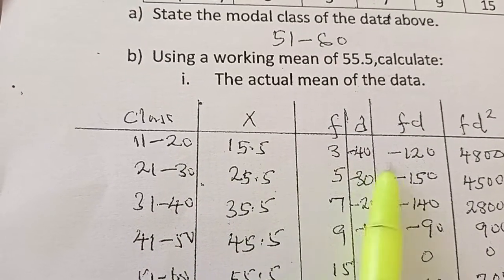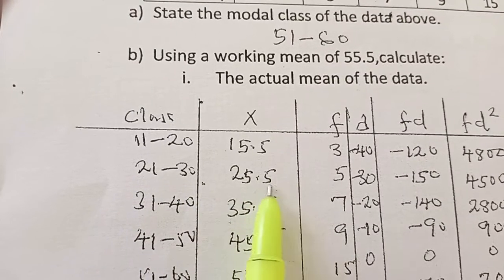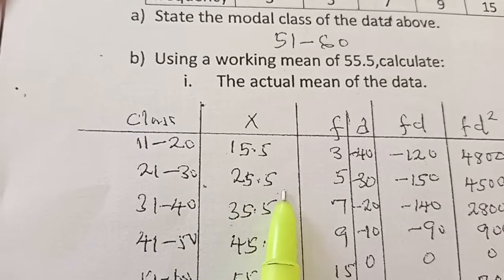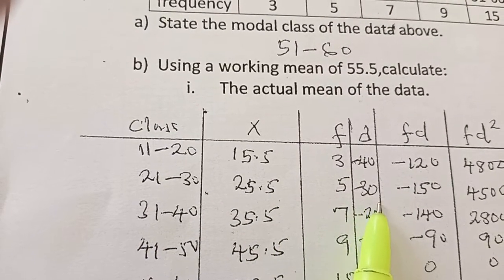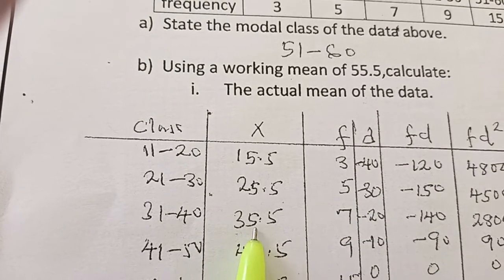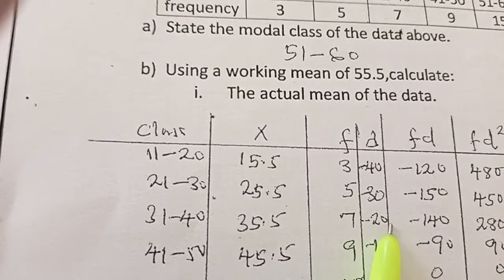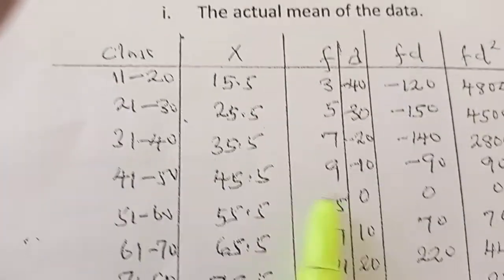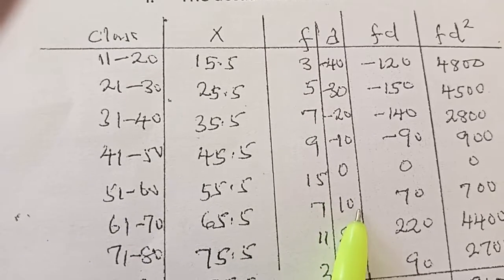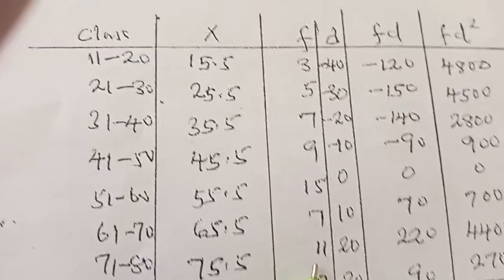So this midpoint minus the assumed mean gives us this D column. So here 25.5 minus 55.5, we get negative 30. 35.5 minus 55.5, we get negative 20. We do the same for all the values of x.